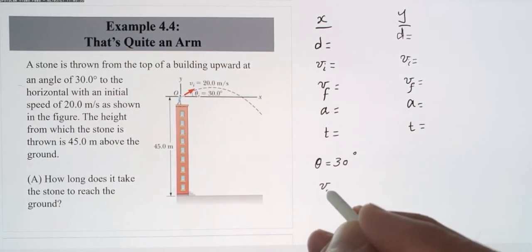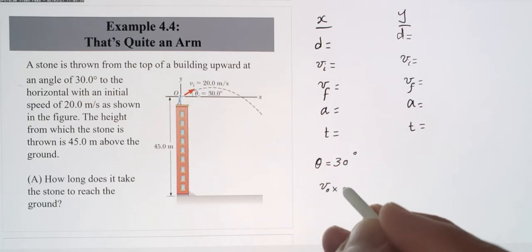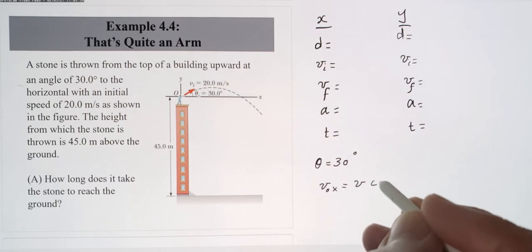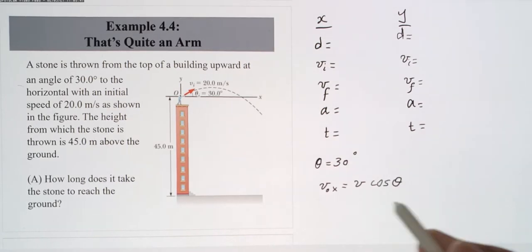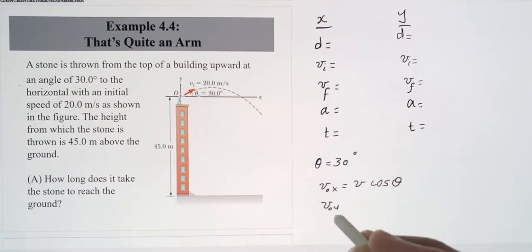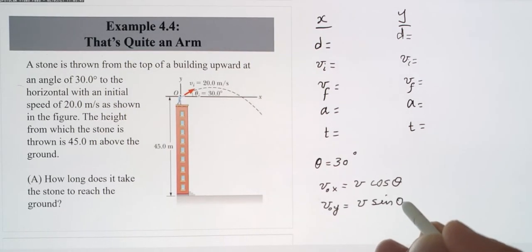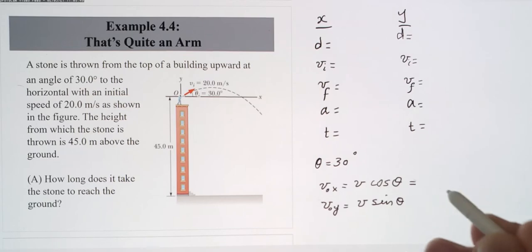So right away I write v node x, that is v cosine theta, and v node y, that's v sine theta. Put the numbers.